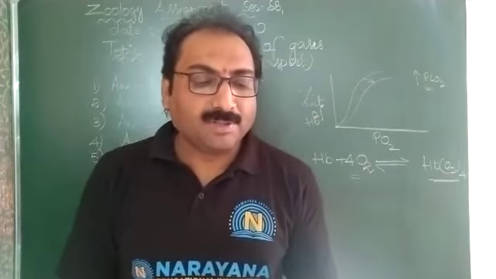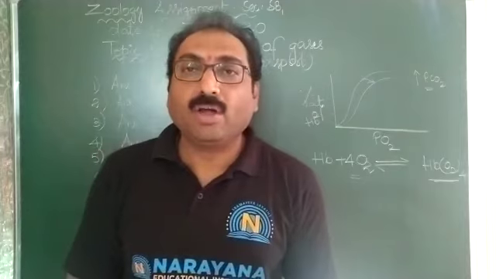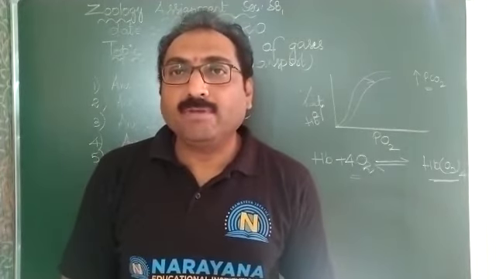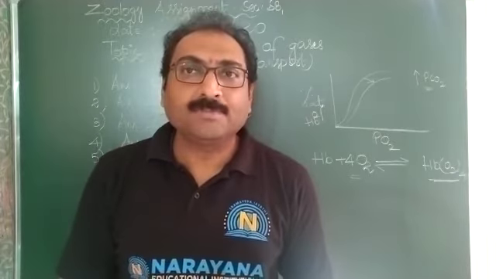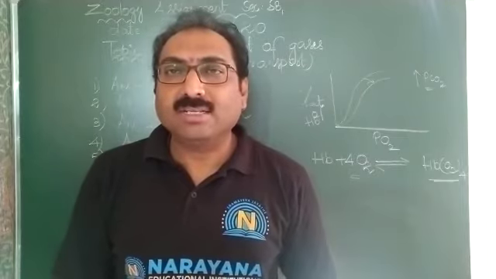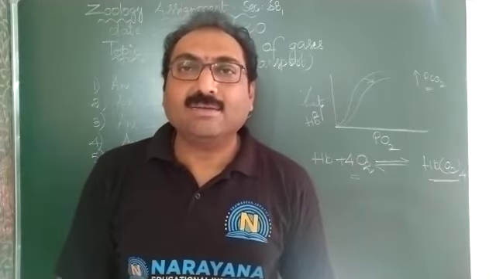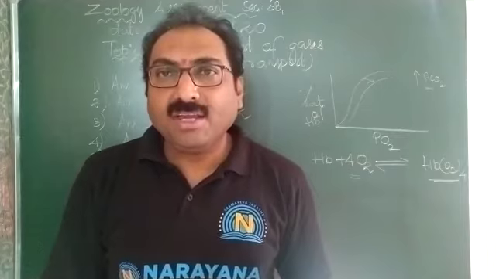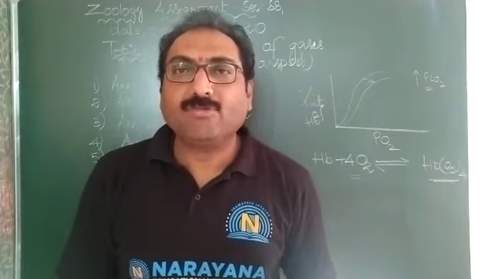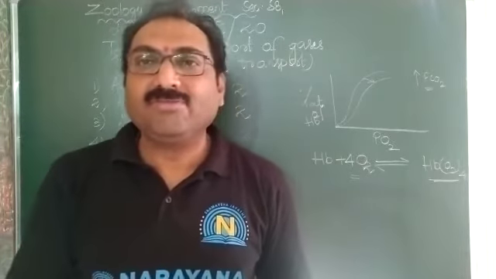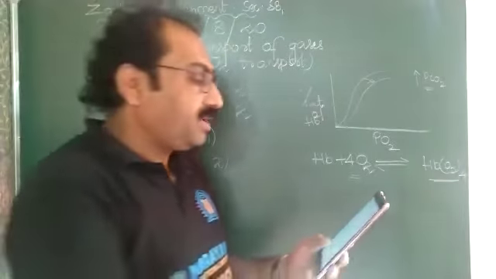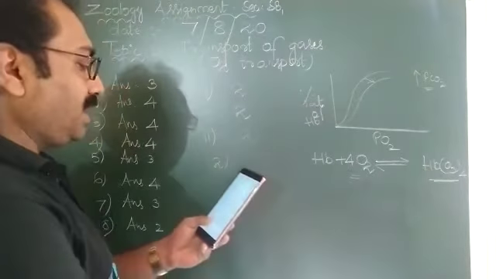So amount of oxygen present in 1 gram of hemoglobin is 1.34 milliliters.